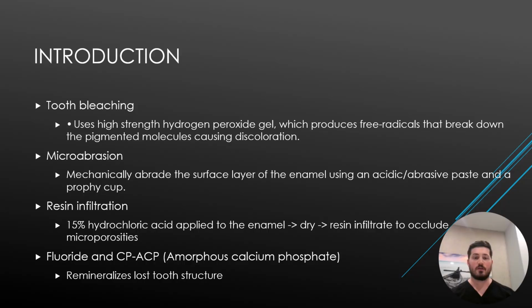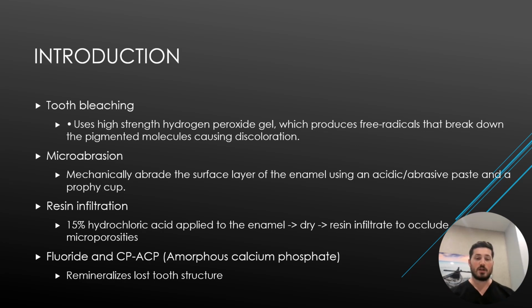So here I'm just going to go over the gist of the mechanism of action of these treatment modalities. With tooth bleaching, it uses high-strength hydrogen peroxide gel, usually anywhere from about 35% to 40%, and that'll produce free radicals that break down the pigmented molecules that cause discoloration in teeth. As for microabrasion, the goal is to mechanically abrade the surface layer of the enamel using an acidic or abrasive paste in a prophy cup.